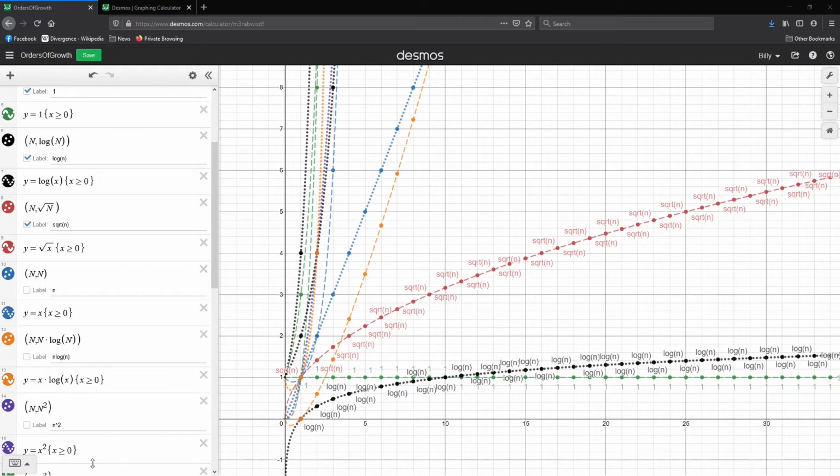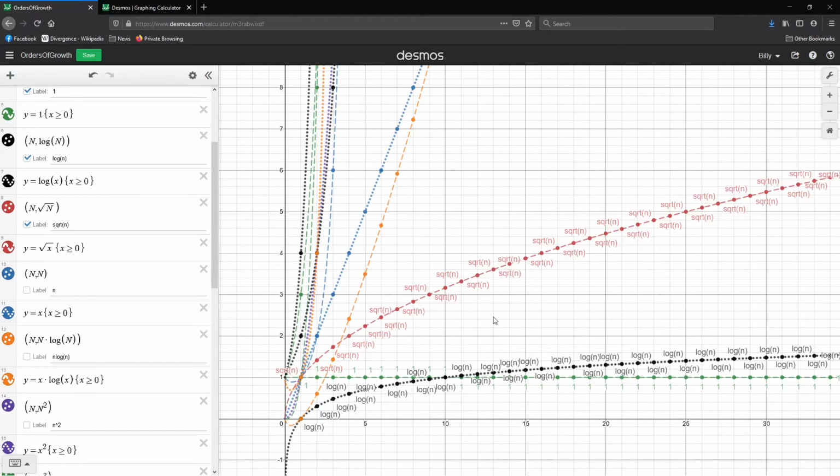So if we take a look at this plot, we see a number of different functions, but we'll start with the first three: 1, log n, and square root of n. This black dotted curve right here is log n, and this straight solid line is the constant function 1, and this red dashed line is the function square root of n.